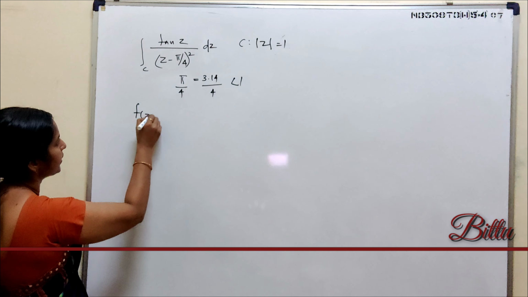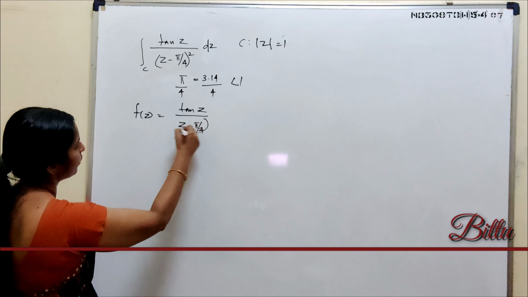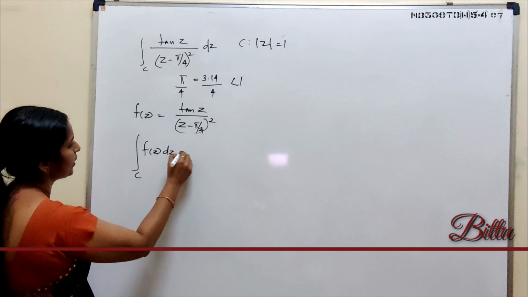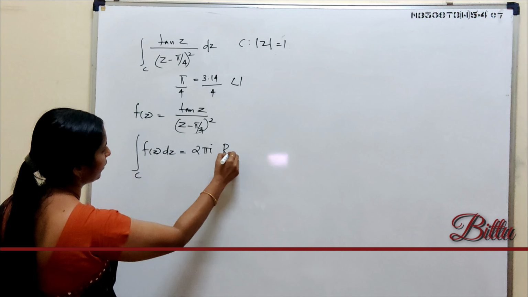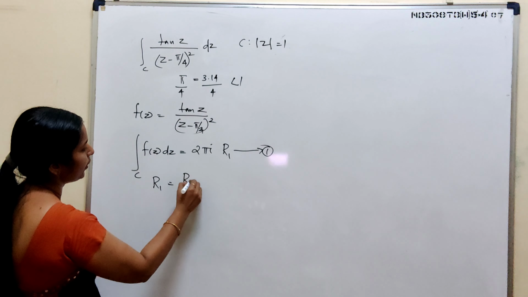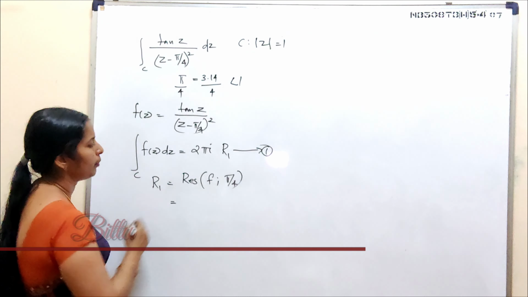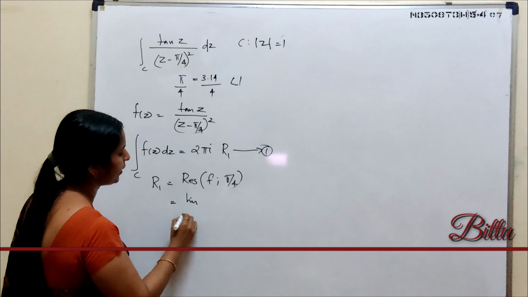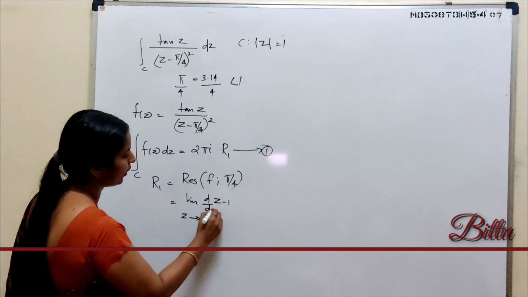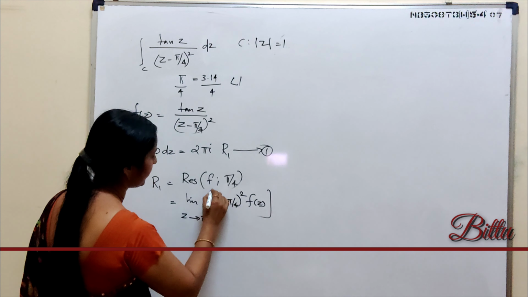You take f z as tan z by z minus pi by 4 the whole square. By residue theorem, integral over C f z dz is 2 pi i into R1. Here R1 is the residue of f at pi by 4. Here pi by 4 is a double pole, so its residue is limit z tends to pi by 4 of the first derivative of z minus pi by 4 square into f z.